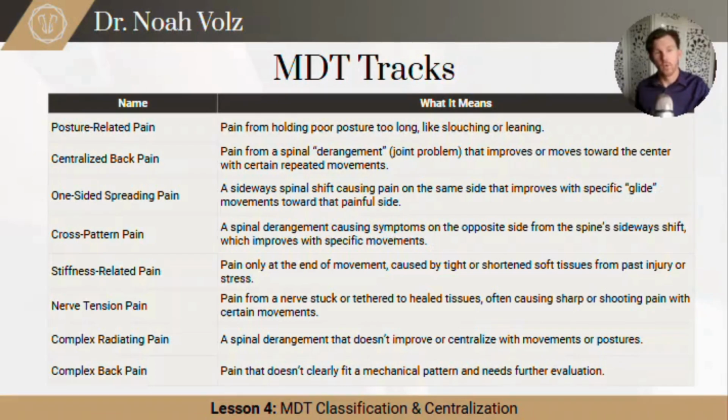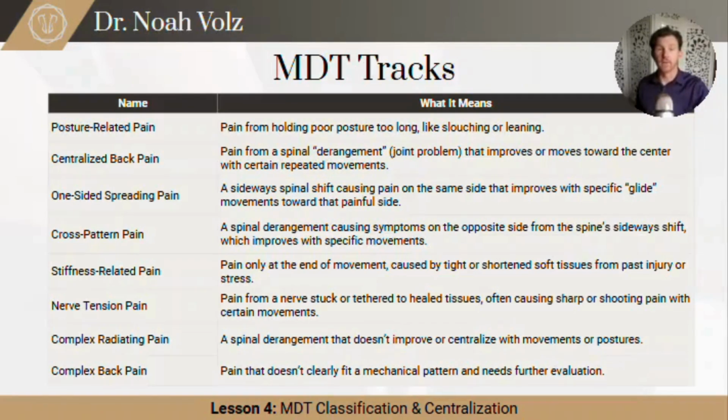We have one-sided spreading pain. So this is when you're moving your torso side to side, and that shift causes pain on the same side. So when you shift to one side, you're going to get pain down the leg on that side. Then we have the cross pattern pain.